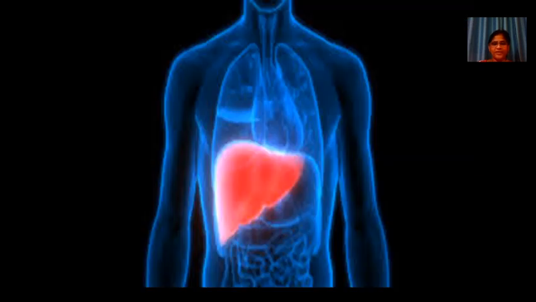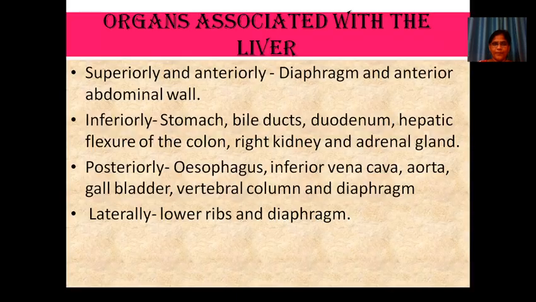So this is the figure of the liver. You can see it occupies the right hypochondriac region and extends to the epigastric region and also to the left hypochondriac region. Organs associated with the liver: superiorly and anteriorly, the diaphragm and anterior abdominal wall.